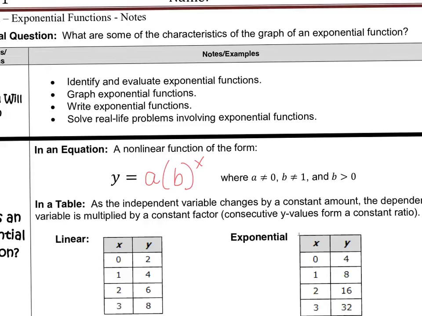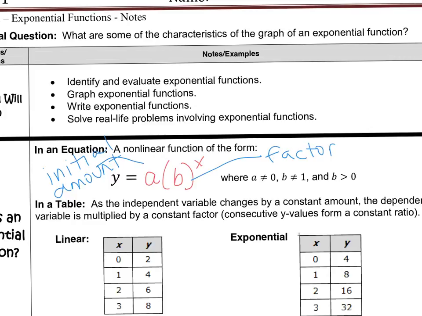So our a is our initial amount. That's the amount we start with. Our b is called our factor. That's what we're multiplying by, or that's what we're increasing by.